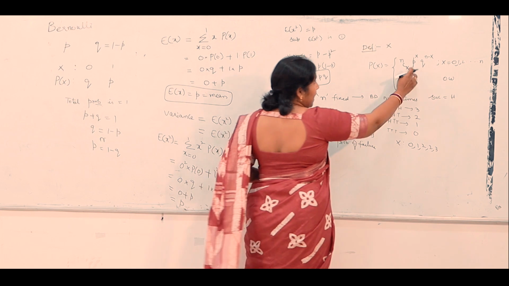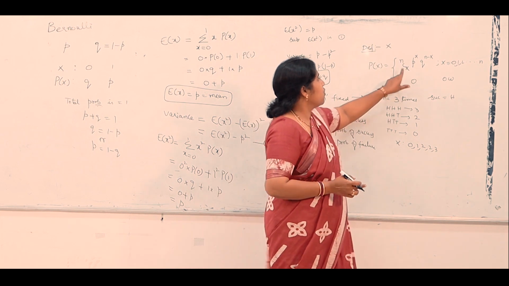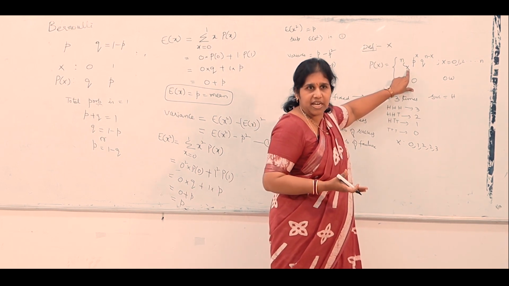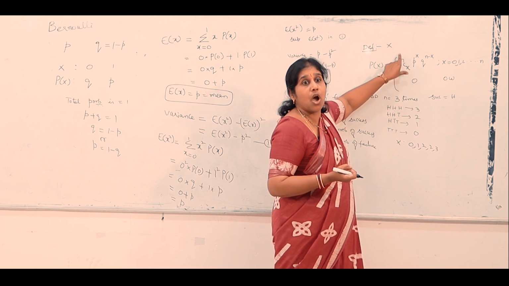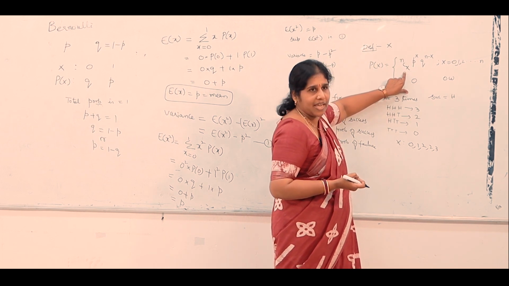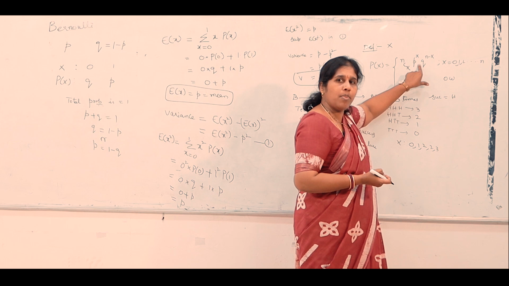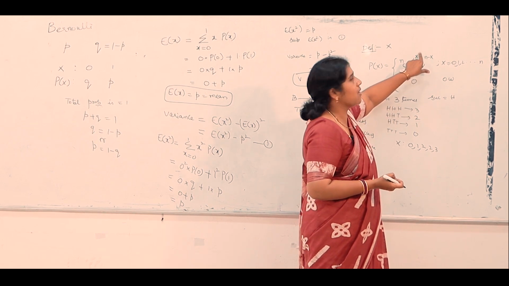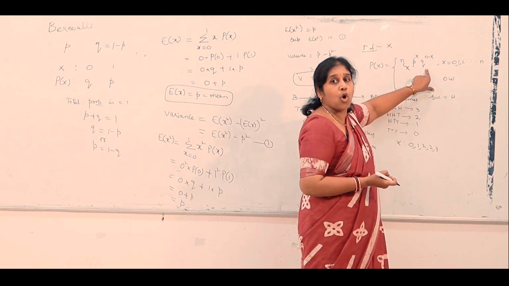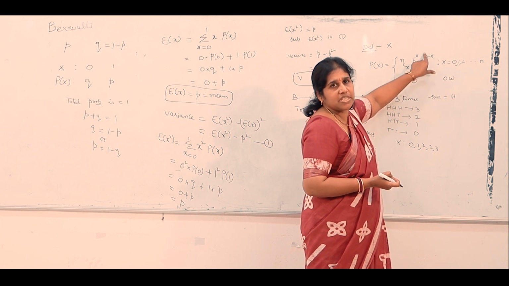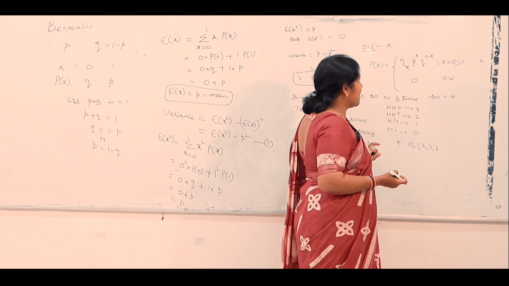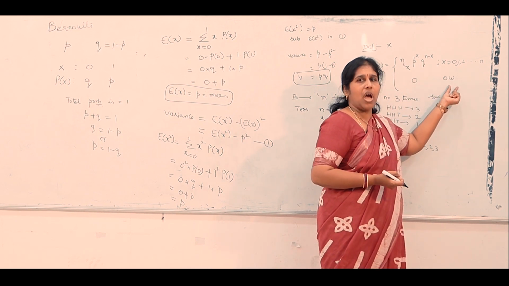Now, out of n trials, we are finding out how many successes we get. So we are selecting x successes out of n, so nCx. And p is the probability of success, so p power x. And q is the probability of failure, so q power n minus x. So what do you mean by this 0 otherwise?